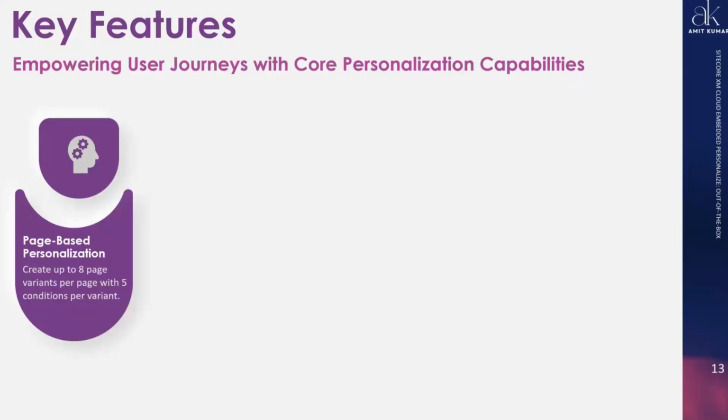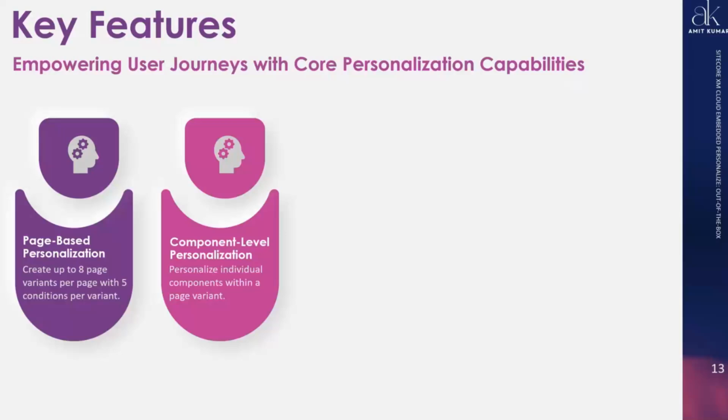But in the case of embedded personalization, it is page-level personalization. Suppose you need to apply 10 personalization rules on one page, whatever the order is, on the basis of that it will execute and move forward. So it's not like in one page you can apply 10 conditions; it will always be one condition. That's why it's page-based personalization. I will be showing that when I apply it.